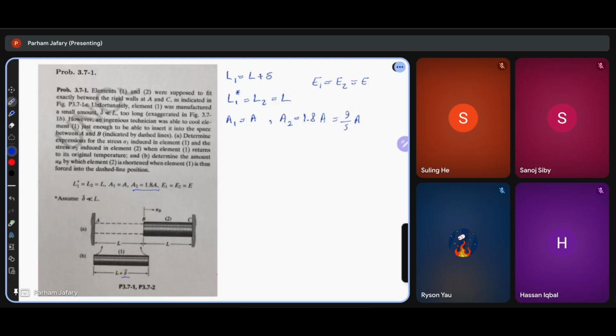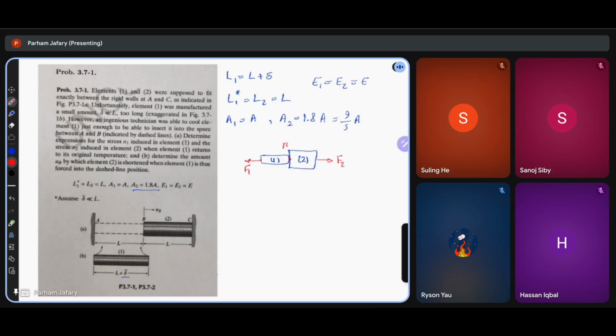First, we're gonna start by finding the stresses sigma 1 and sigma 2. So I will draw the free body diagram. Element 1 and element 2. I have F1 here and F2 here.